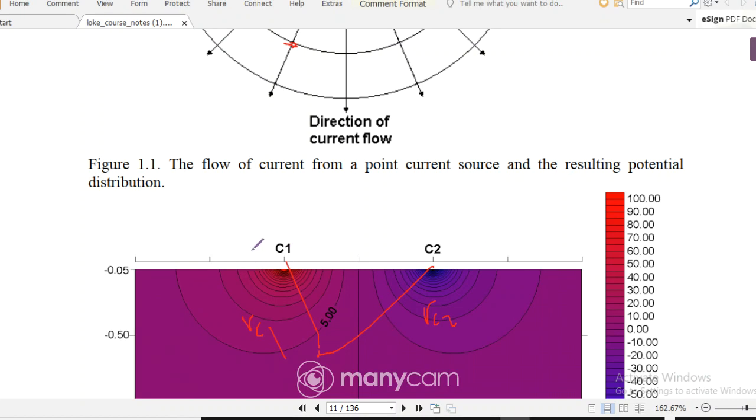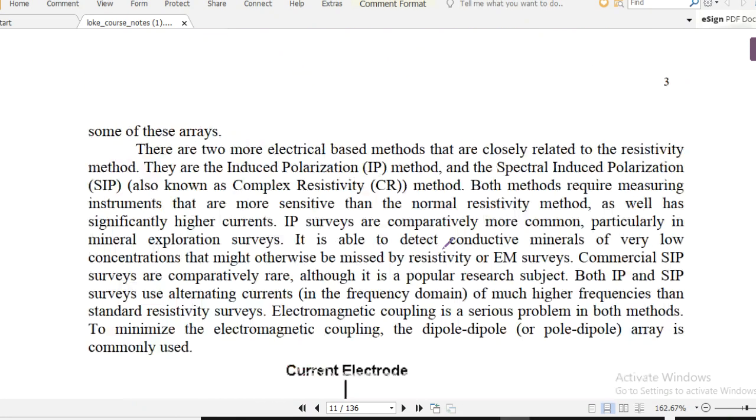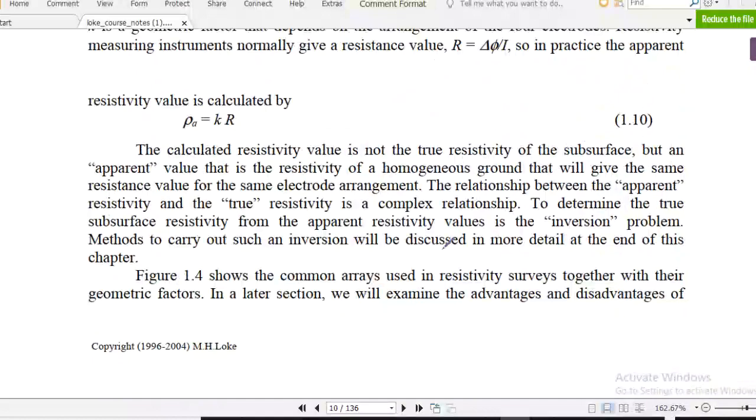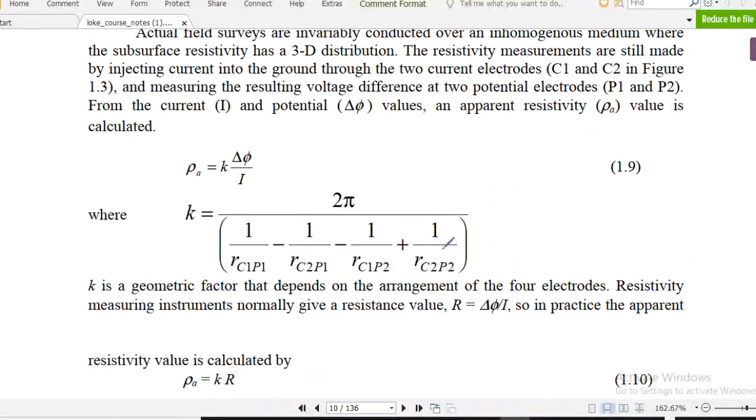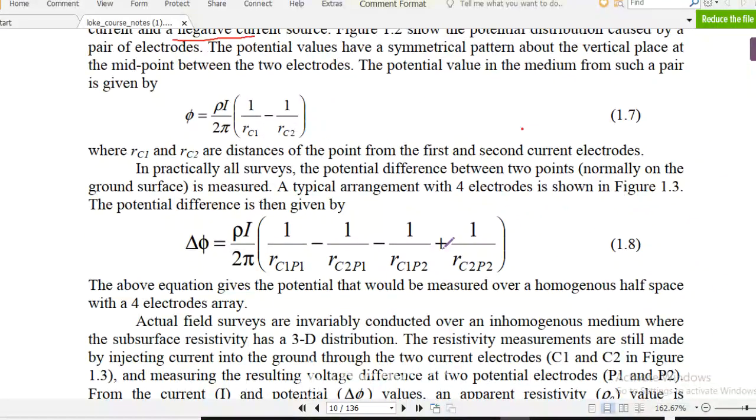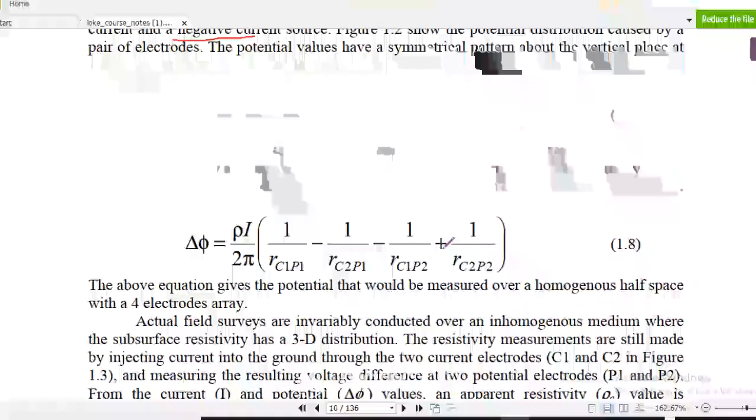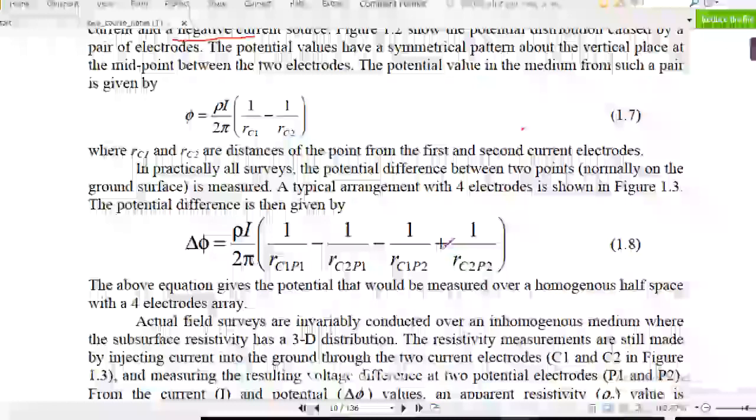Assuming C1 is positive and C2 is negative, the summation is the potential contributed by C1 minus the potential contributed by C2, where R C1 and R C2 are the distances of the point from the first and second current electrodes.